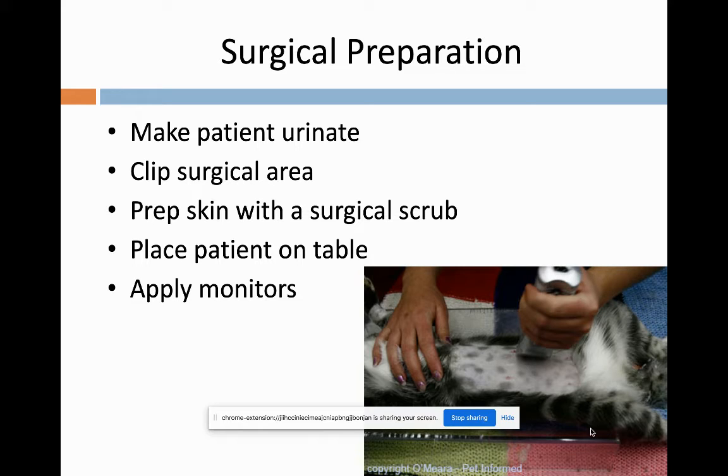A lot of times this will be done by an assistant or a technician to make sure that we prevent any complications with infection. The animal is then placed on the table and secured in surgery preparation, and monitors applied that might be used during the process to keep tabs on temperature, pulse rate, oxygen saturation, and so forth.